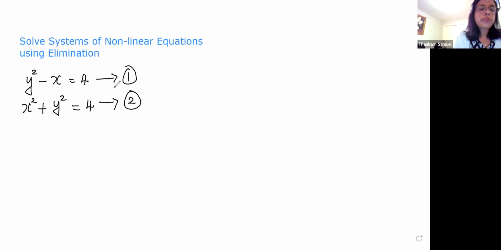When you look at these two equations, you can see that both equations contain the variable term y squared. So we can eliminate y squared. To eliminate y squared, let's multiply the first equation by -1.